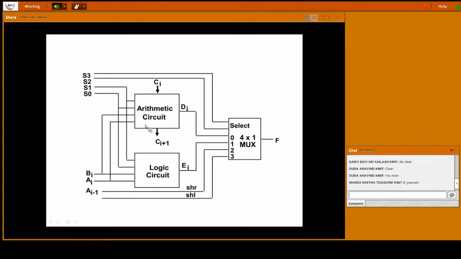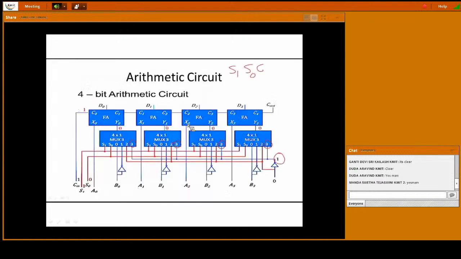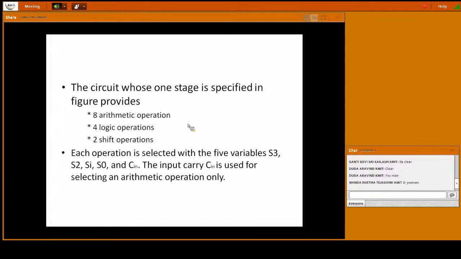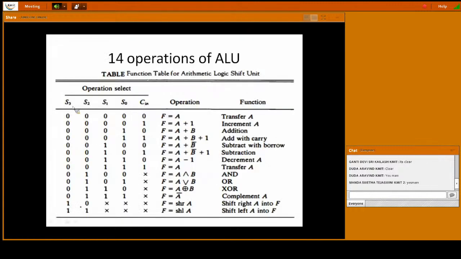From this circuit as well as from this logic circuit, based on the values of these selection lines S0 and S1, one micro operation will be selected. When you see this function table, based on the combination of these selection lines, one micro operation will be selected.